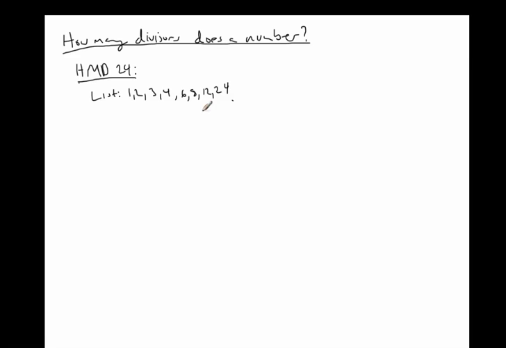If we list all those and then count them, we get 1, 2, 3, 4, 5, 6, 7, 8. 8 divisors. So the answer to how many divisors of 24 is 8.